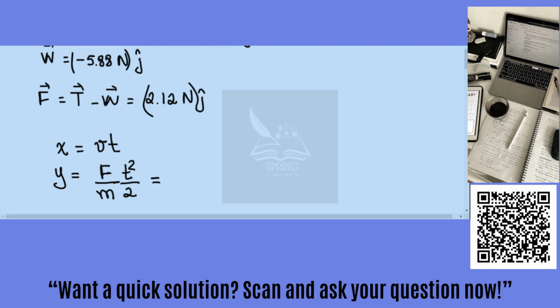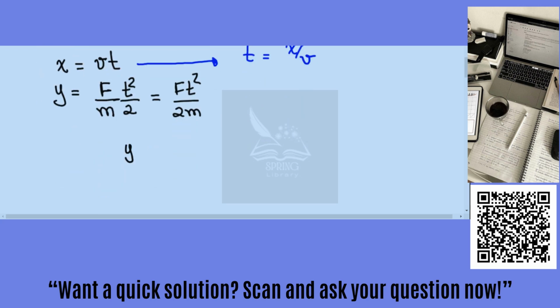Okay, so this is F t squared over 2m. I'm going to isolate t as a function of x. So t is equal to x divided by v, and y is equal to F times x squared over 2 m v squared.